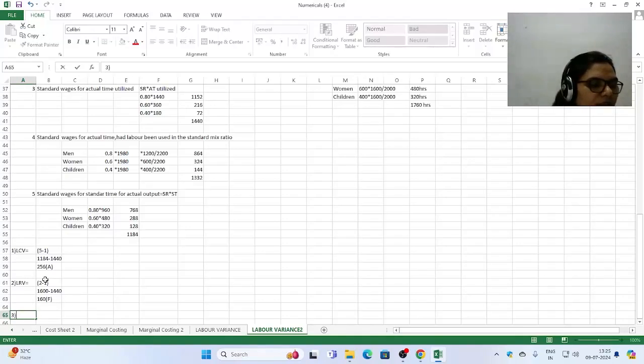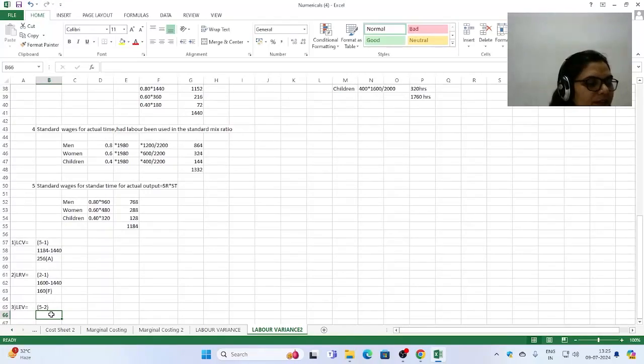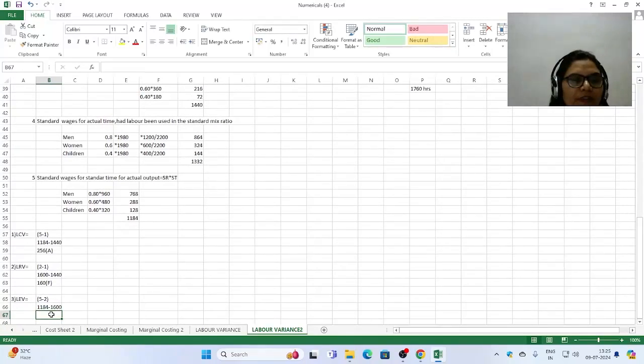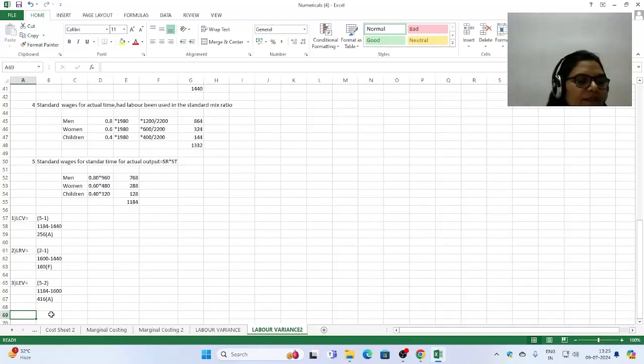Next is labor efficiency variance. Labor efficiency variance is calculated as 5 minus 2. 5 is 1184 minus 1600, which will give you 416 adverse. Next is labor idle time variance.